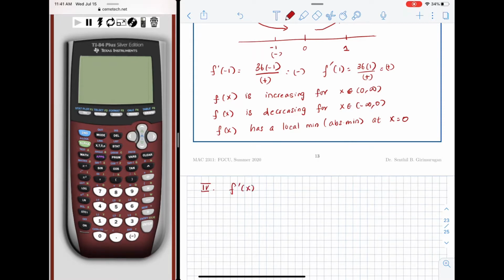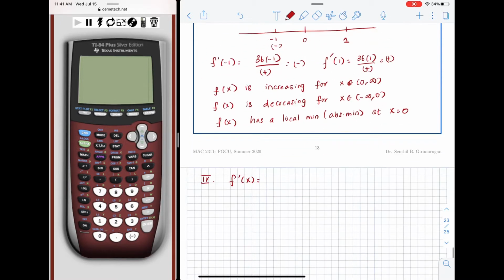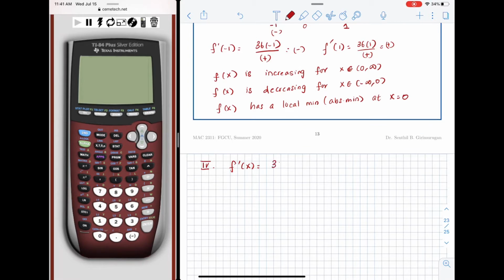The first derivative is 36x over (x squared plus 9) squared. So u is 36x, v is (x squared plus 9) squared, u prime is 36, v prime is 2 times (x squared plus 9) times 2x.